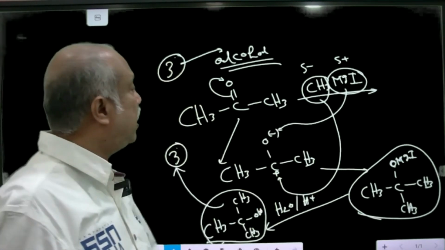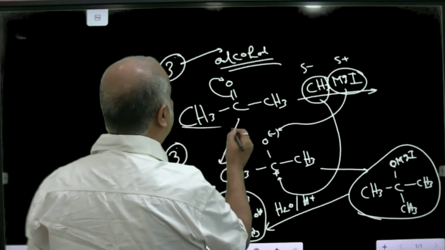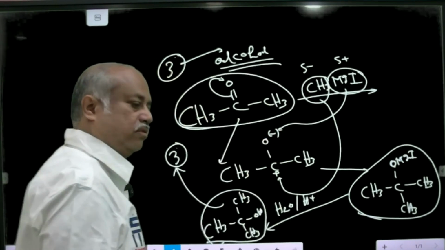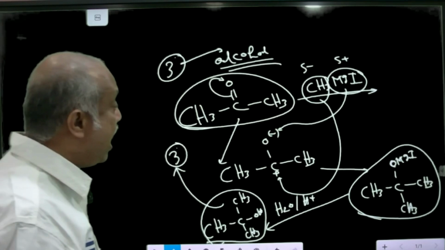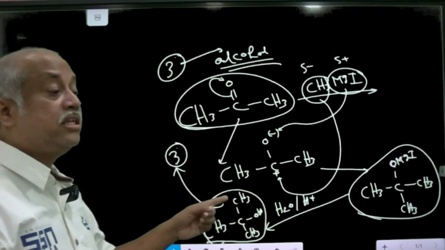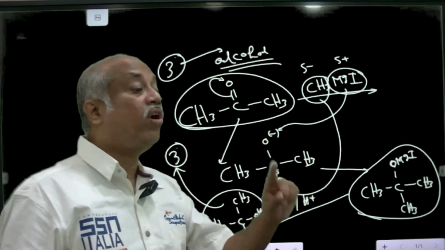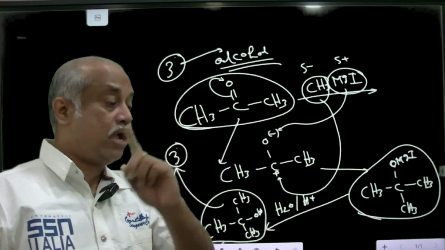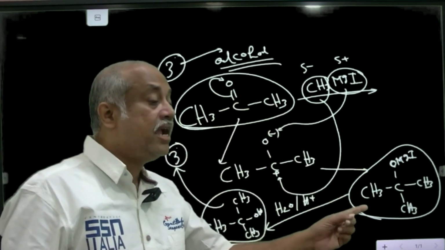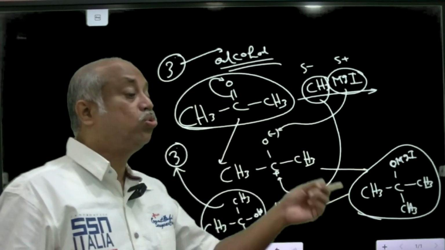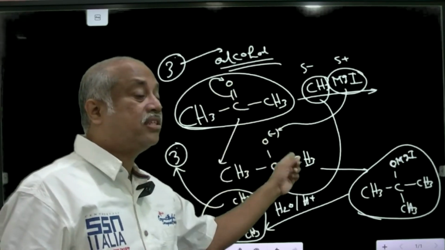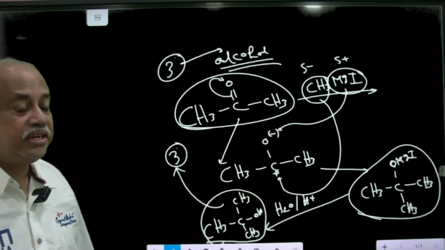And in case of tertiary alcohol, I will take ketone. This example is also applicable to conversion of aldehyde to primary alcohol, aldehyde to secondary alcohol, ketone to tertiary alcohol. There is a big example of the application of the Grignard reagent.